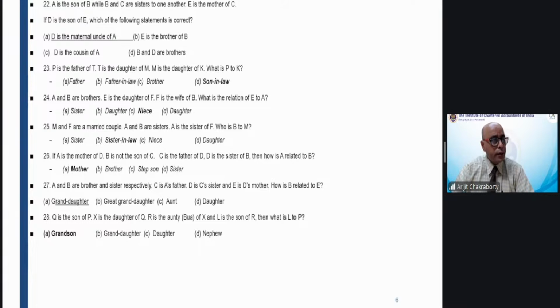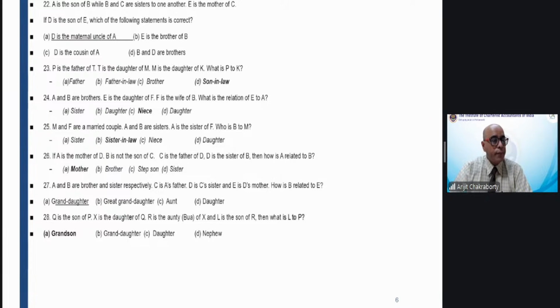So R is the aunt of X. That is, X's father is Q and Q's sister is R. Pay attention to this. Aunt means father's sister or it can be mother's sister. So Q is the father of X and R is the aunt. I have written Bua. So basically R and Q are siblings. The question is, what is the relation of L and P?